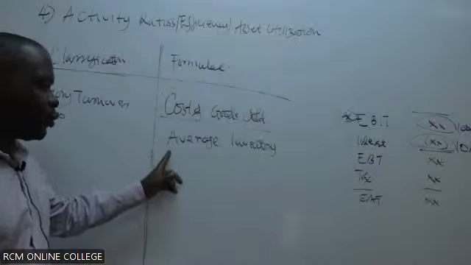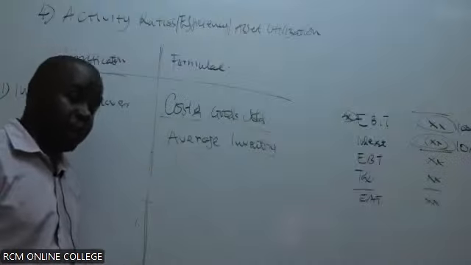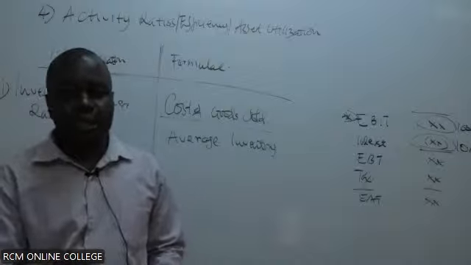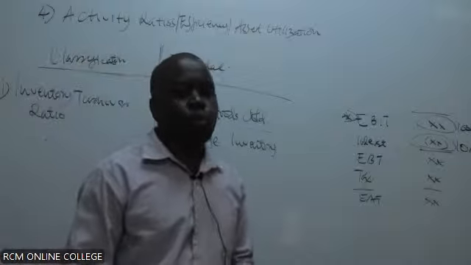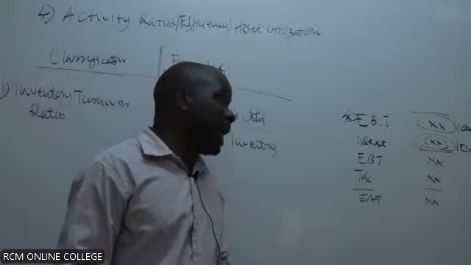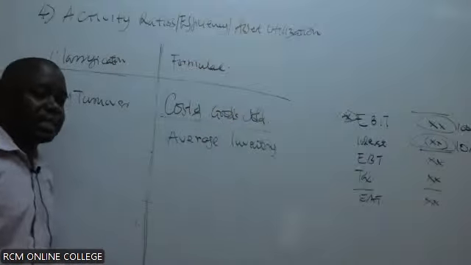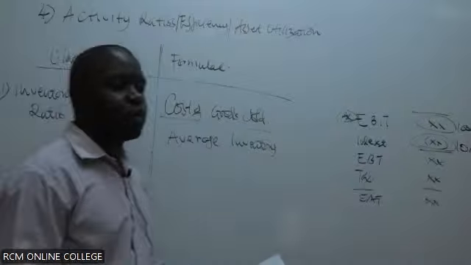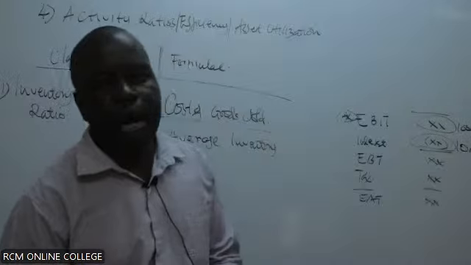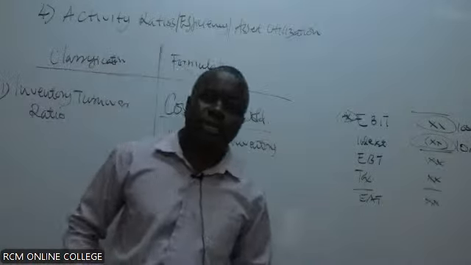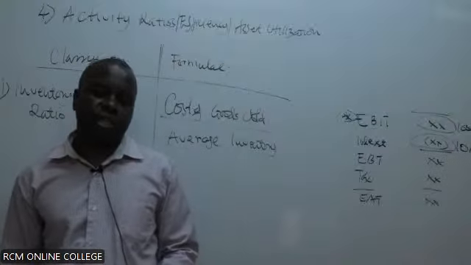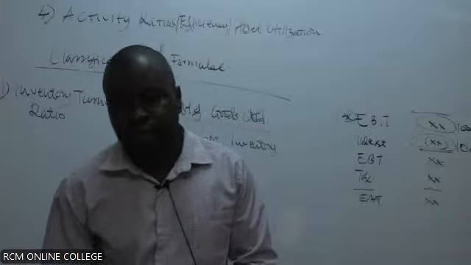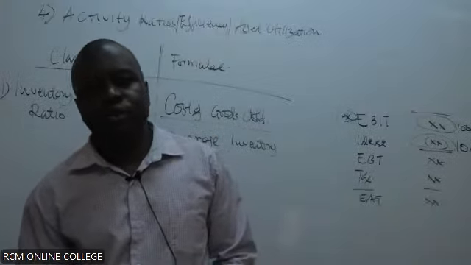For the average inventory, if the question gives you the opening stock and the closing stock, you add the two and divide by 2. But if you haven't been given them, you just take the inventory figure. Let's say you've been given elements of a financial statement for the year 2024, and they have just given you an inventory figure in the balance sheet, but you don't know the opening stock.